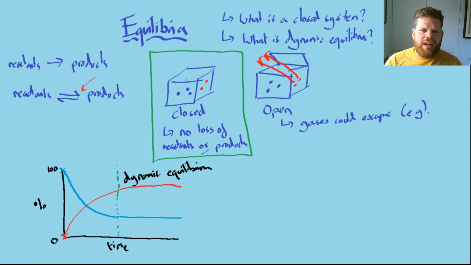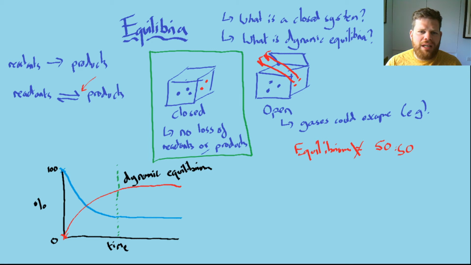Now, notice that dynamic equilibrium, or equilibrium, does not mean a 50-50 split. That's not what dynamic equilibrium means at all.